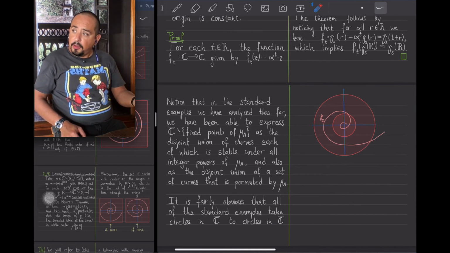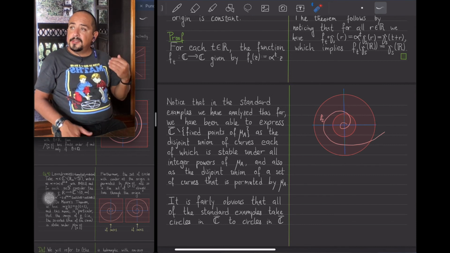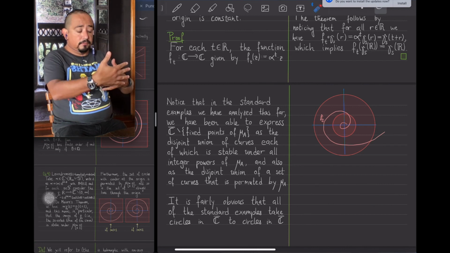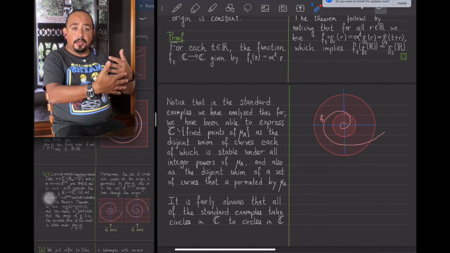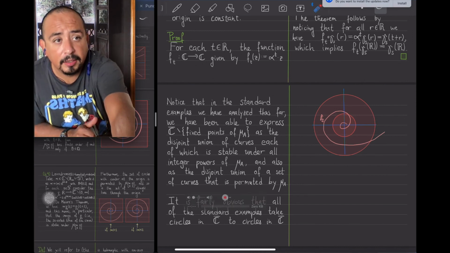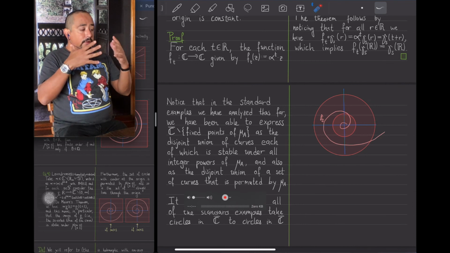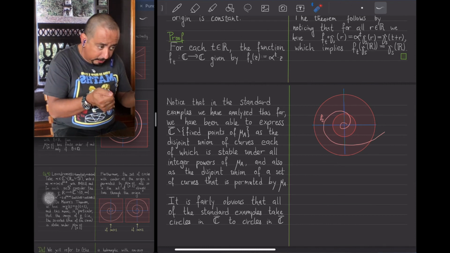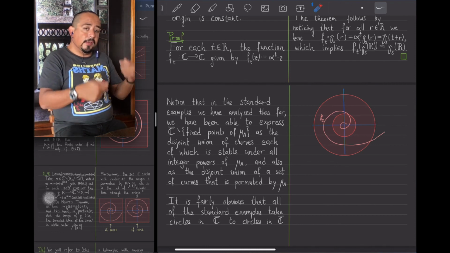On the other hand, we have also been able to express C bar minus the fixed points as the disjoint union of a family of curves which is permuted by mu a, by which I mean that for this given family, the image of any curve in the family under mu a is again in the family.